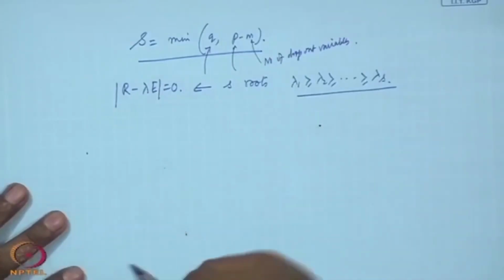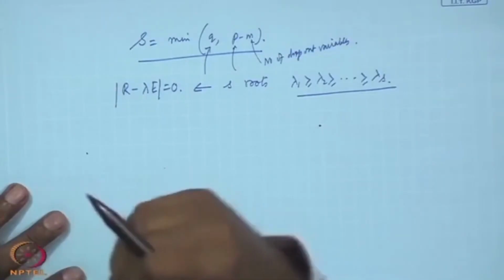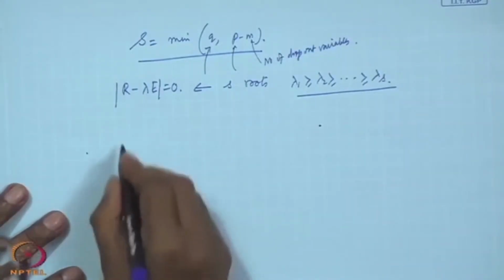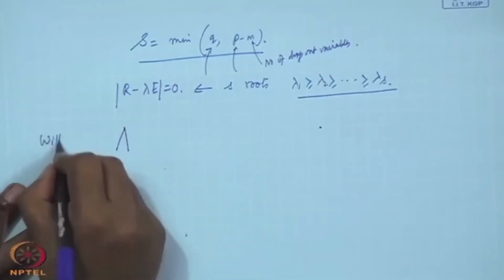Using this property, several statistics were developed. For example, Wilks lambda will become like this.